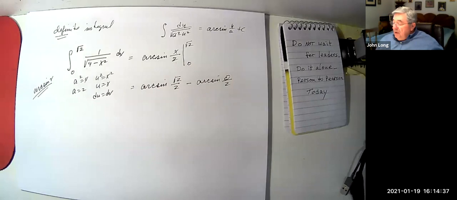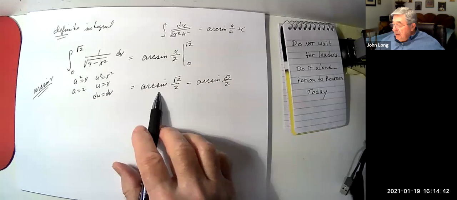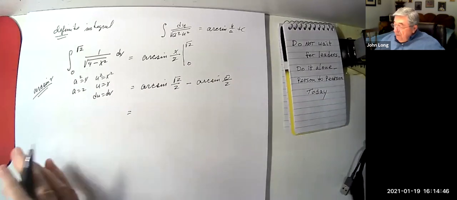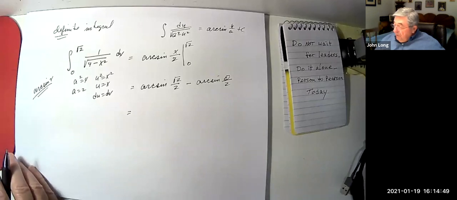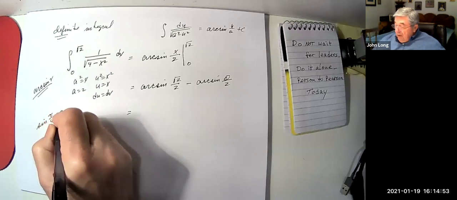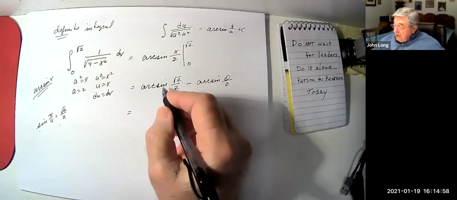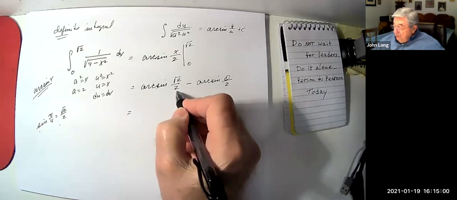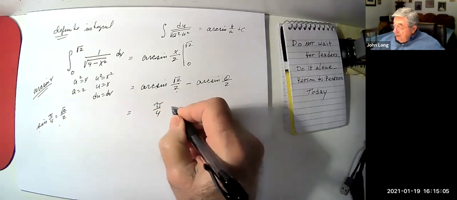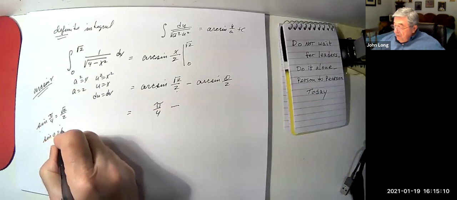This time we get to do things from the last section. We have to actually evaluate the arc sine of the square root of 2 over 2. And you see, that's where we have to remember that the sine of pi over 4 equals square root of 2 over 2. That knowledge is what enables us to say that the arc sine of the square root of 2 over 2 is pi over 4. And then we know that the sine of 0 is 0.